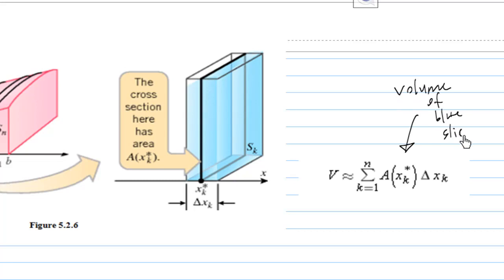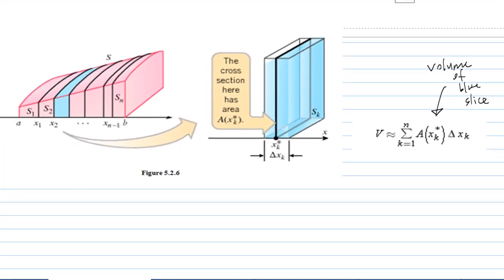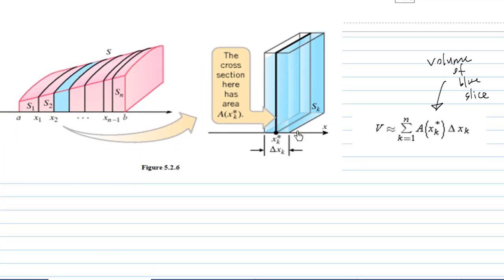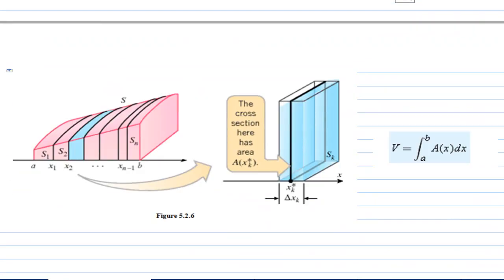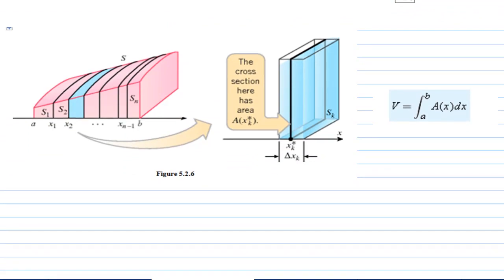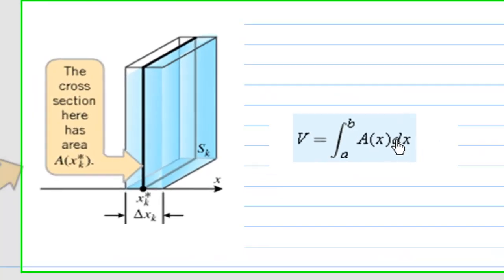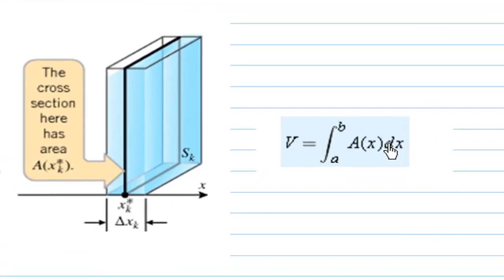And then you add them up across all the slices. And the result, if the number of slices goes to infinity, or the thickness of each slice goes to 0, is V equal to the integral of A(x) dx, where A(x) is the cross-section area at the position x.